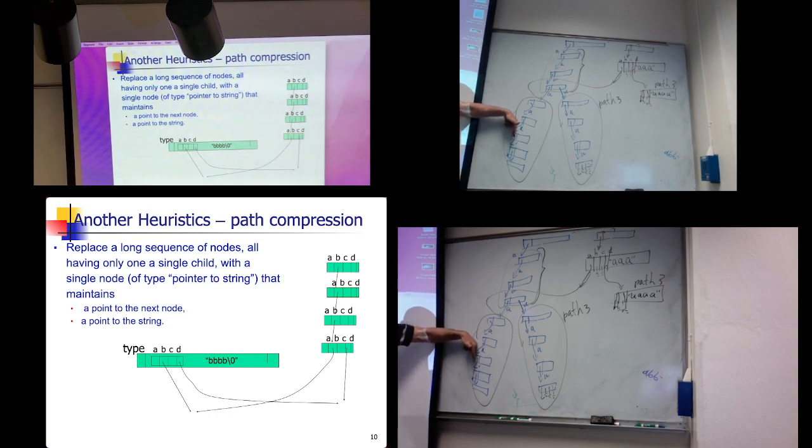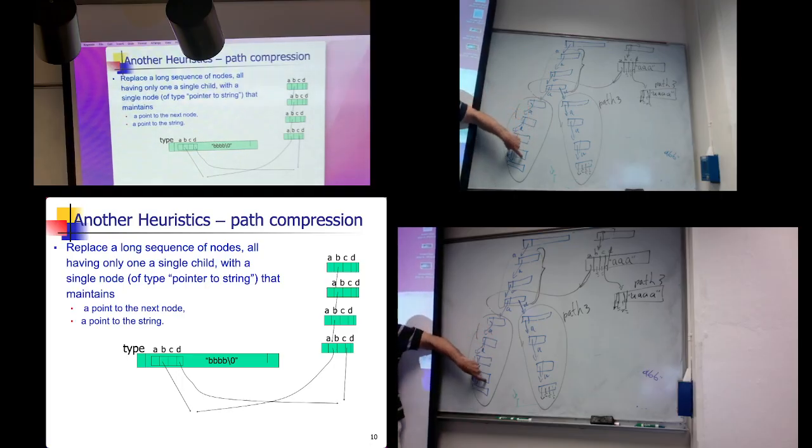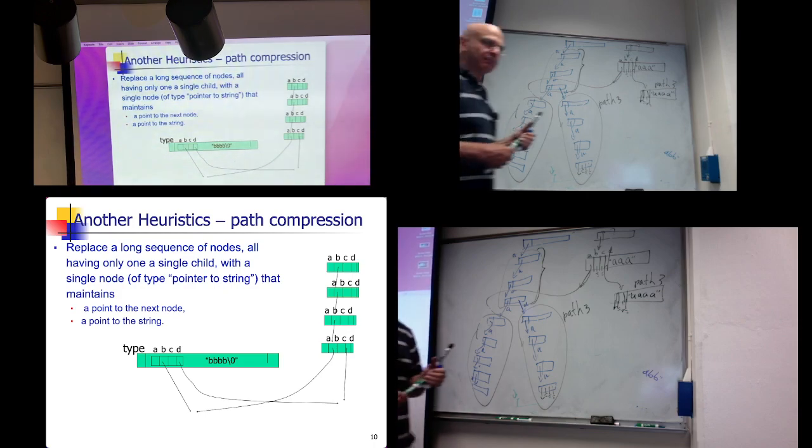Only one of these cells is used. So to store this one pointer over here, you're wasting a whole big array of the whole alphabet. To store this A, you're wasting the whole alphabet in each one of these nodes. So instead, you are replacing it by storing only a single letter in the string, in the compressed node. So this is path compression.